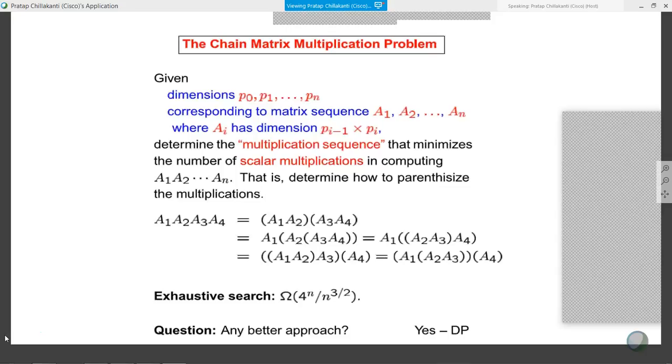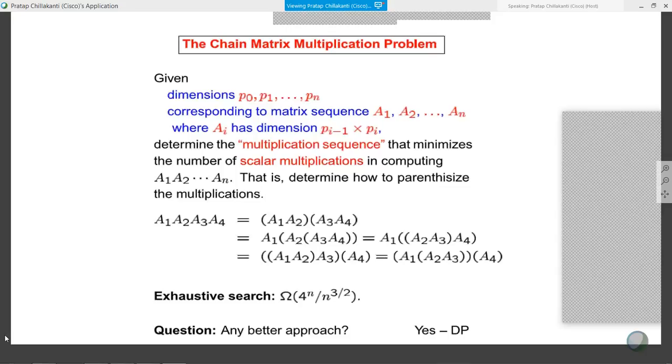The column corresponds to the subscript of the ith matrix, and the row subscript corresponds to just one less than that. So, given the dimensions and the matrix sequence, we have to determine the multiplication sequence that minimizes the number of multiplications.